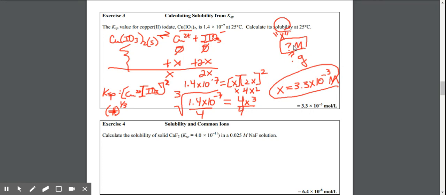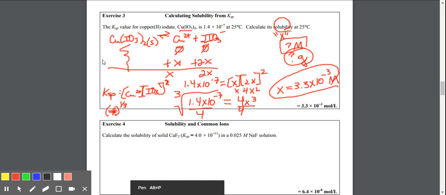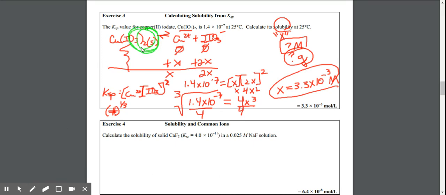Now the question is, how do we figure out what x is, solubility in terms of grams? When they want solubility in terms of grams, what they're looking for here is this solid. So here's what I do. I take this molarity, and I take molarity times volume. Well, what's molarity times volume equal to?